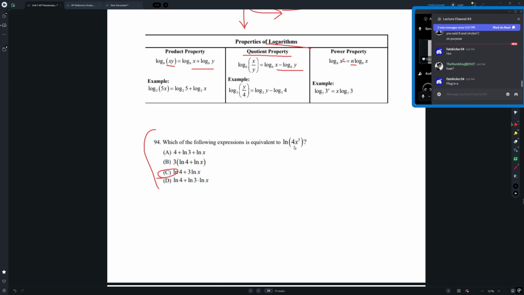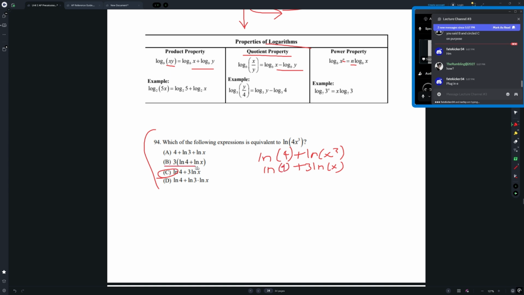So the reason it works like this is ln would become ln of 4 plus ln of x to the third, and then you bring the 3 out, so it'd be 3 ln of x plus ln of 4.